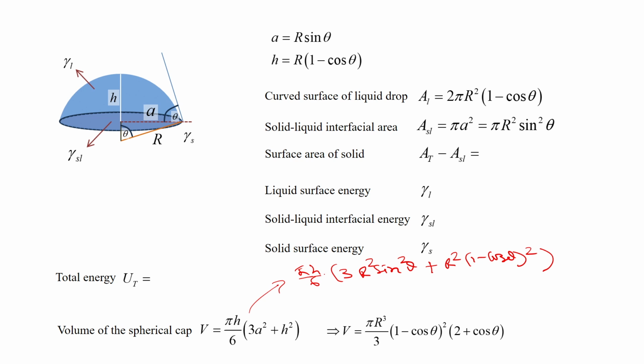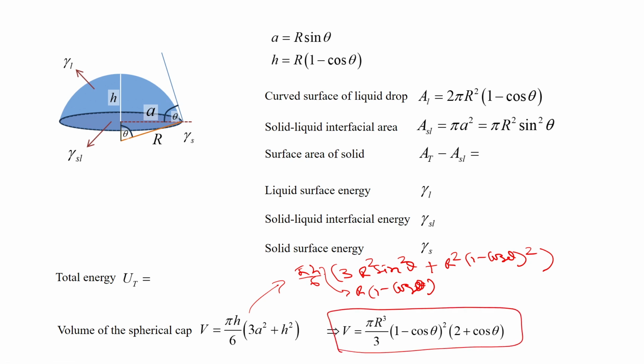So, after taking into account all the other terms, we will get here, of course, h also we have to substitute, r into 1 minus cos theta. So, do all that and then you find out finally V in terms of r and theta.